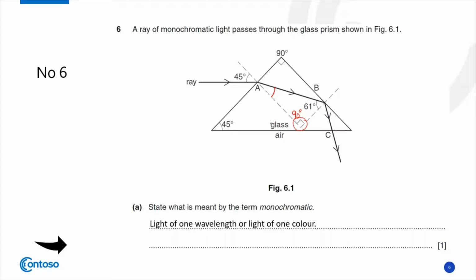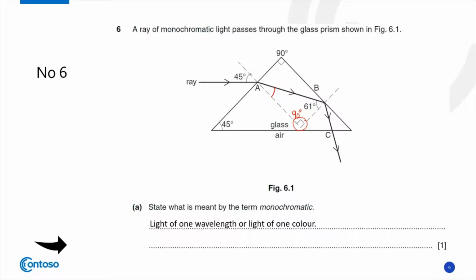Then N2 must be the refractive index of the glass prism, while N1 must be the refractive index of the air. So this is N2 and this is N1. N2 is unknown. This is the one that we have to calculate. N1 is 1. Remember, refractive index of air equals 1.